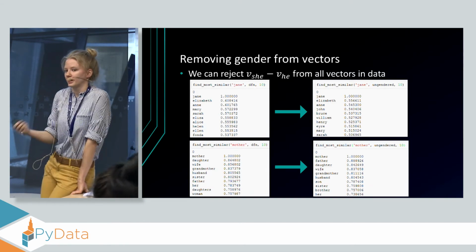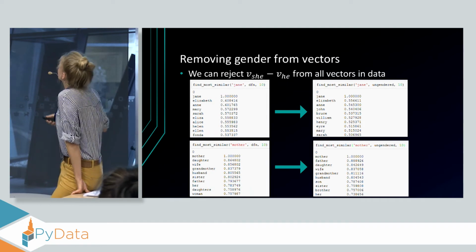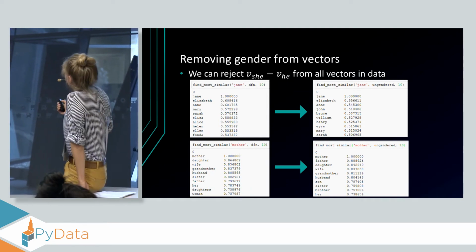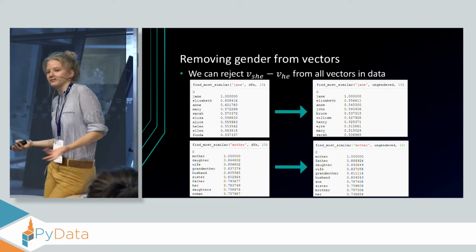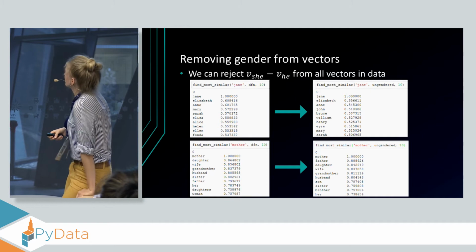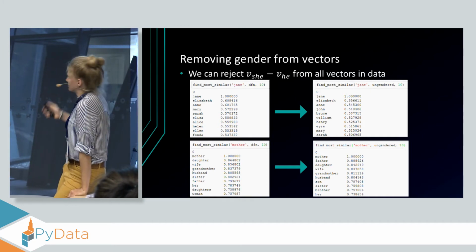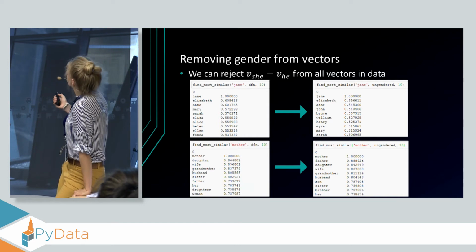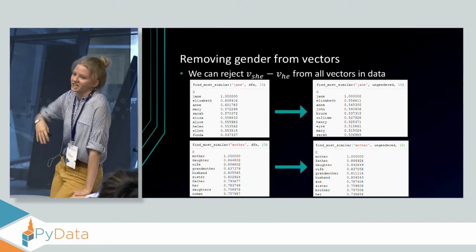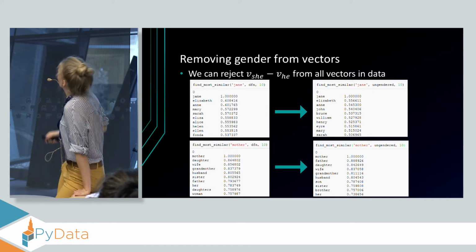And now when we take away the gender, what we get are names of different genders, which are, well, I guess they are kind of the same, maybe given at the same time.